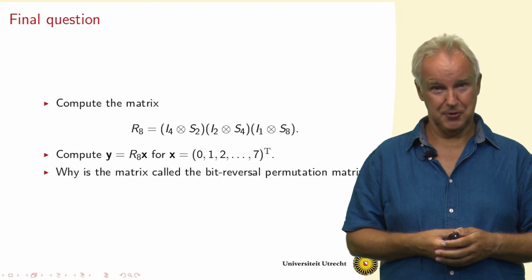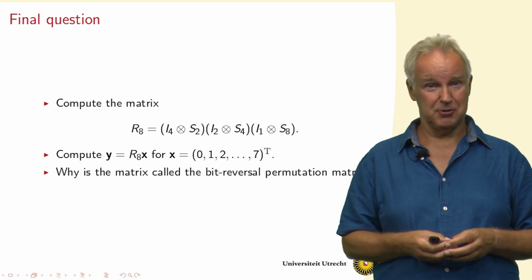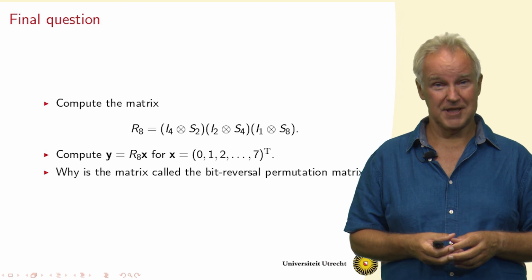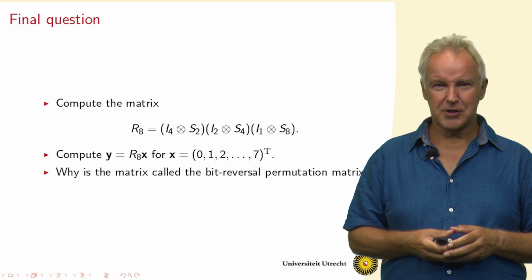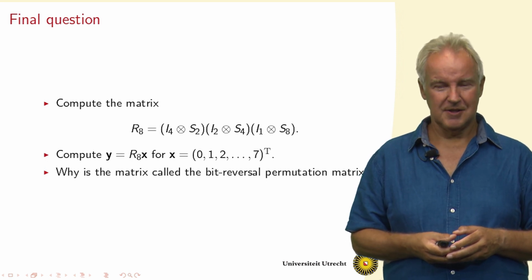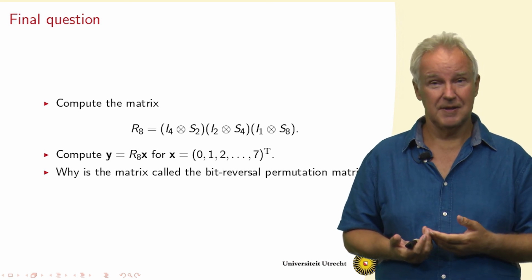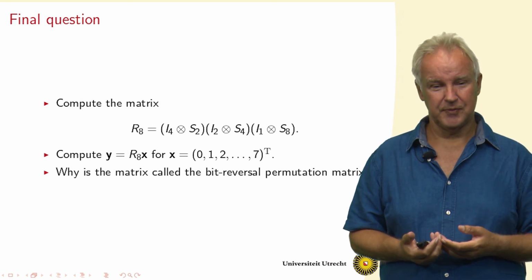A question to you. You may have asked, why is this permutation matrix Rn called the bit reversal permutation? So, first of all, I would like you to compute R8, which is a product of 3 factors, each involving sort matrices S8, S4, and S2.